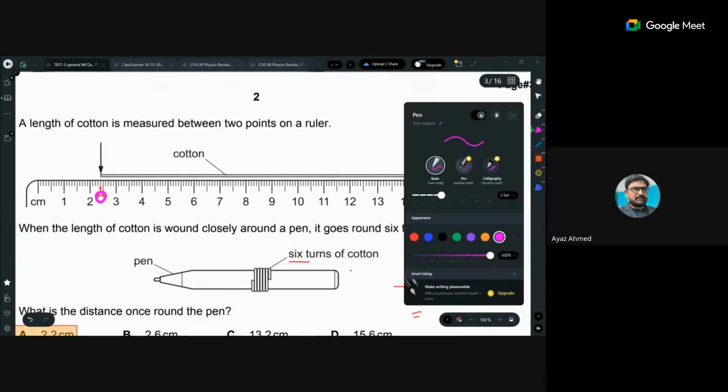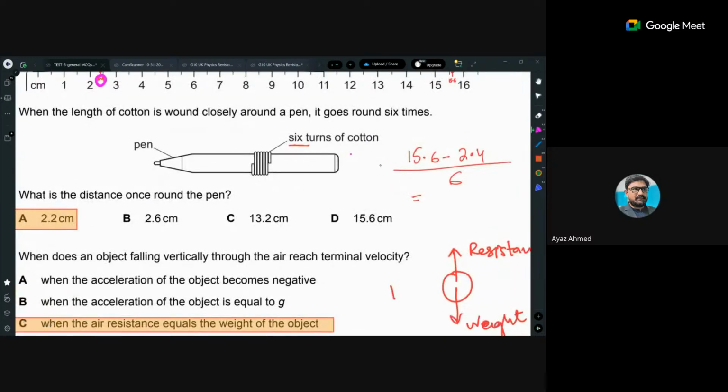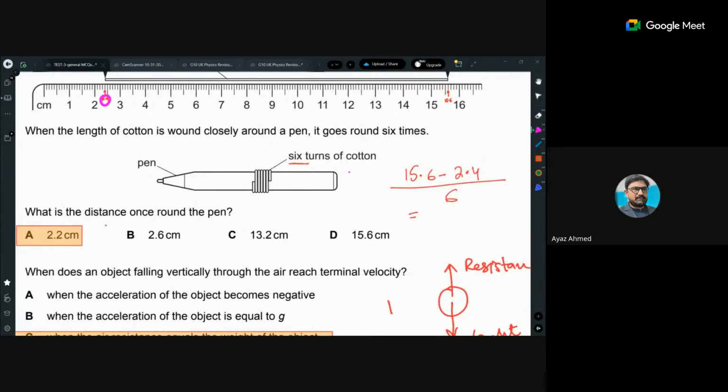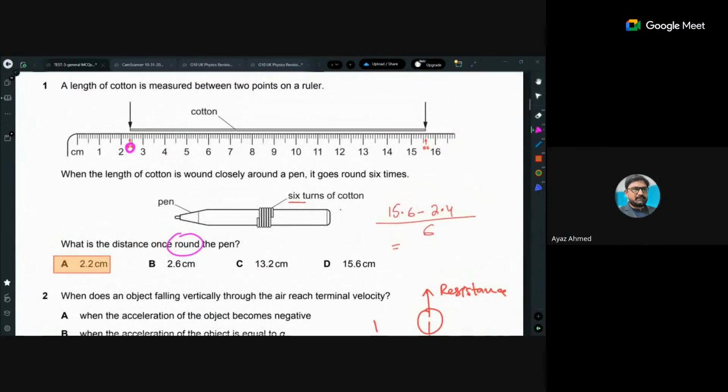So by this, you came to know that for 6 turns this length exists. The question is, what is the distance of one round? When we are talking about the distance of one round, we will subtract and divide by 6, and then you will get the answer of 2.2 centimeter. Okay?